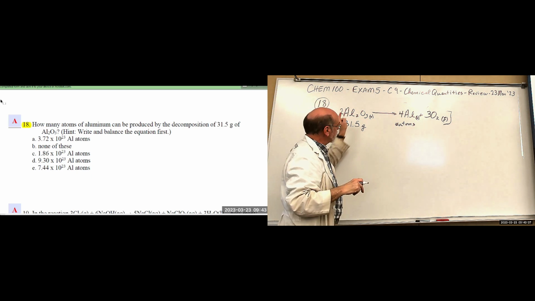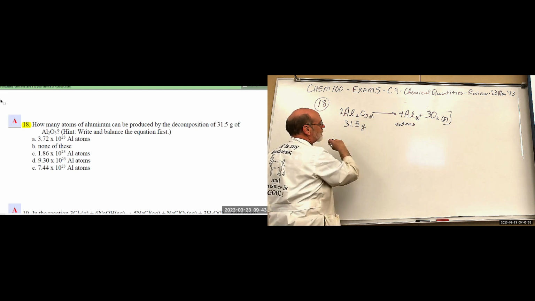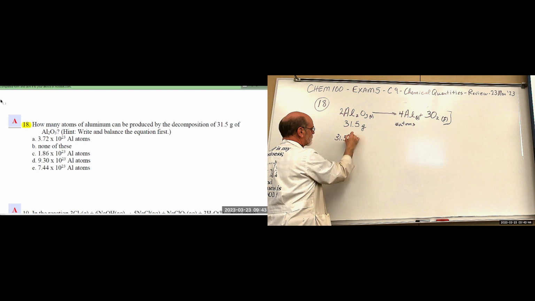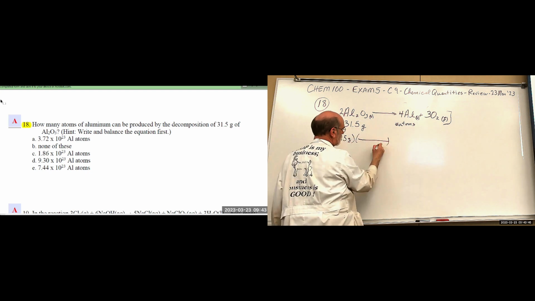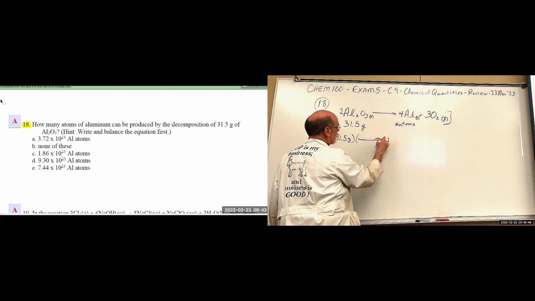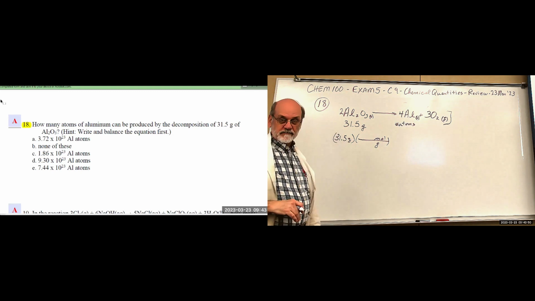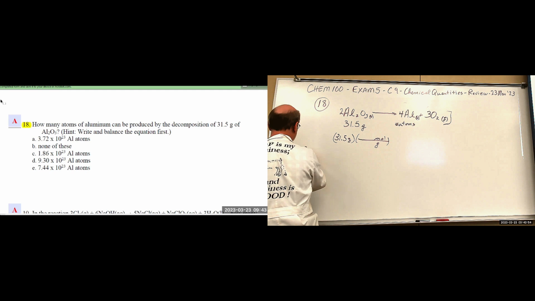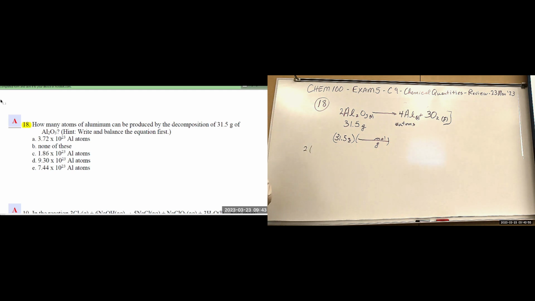You cannot move from here to there without moles. So we need 31.5 grams. Right. We need the molar mass of aluminum oxide. So let's see, 2 aluminums, 26.98, 2 aluminums, and 3 oxygens.